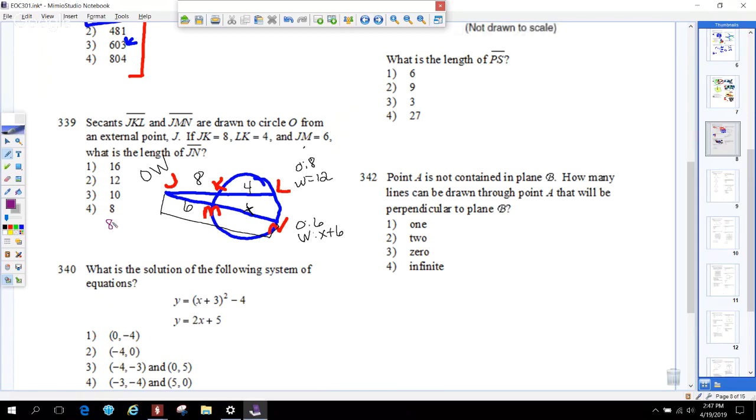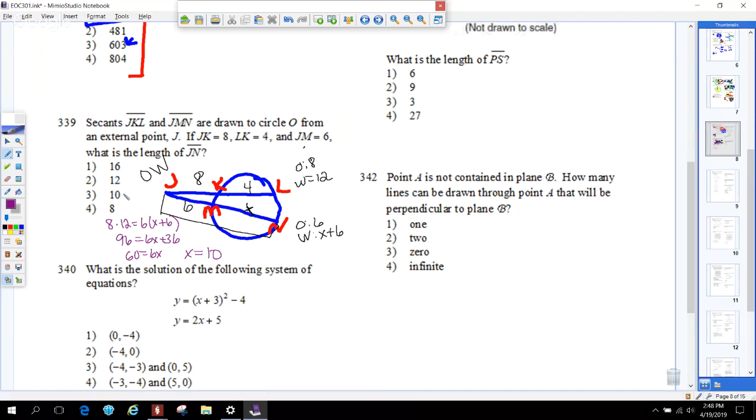Well, I'm going to have 8 times 12 equals 6 times X plus 6. This is 96 equals 6X plus 36. Subtract 36 from both sides. Divide. And I get X equals 10.